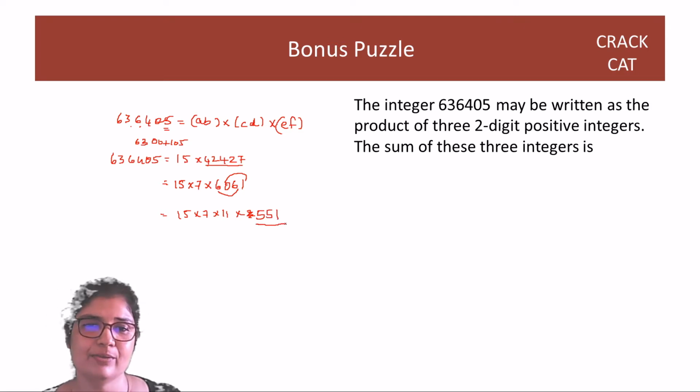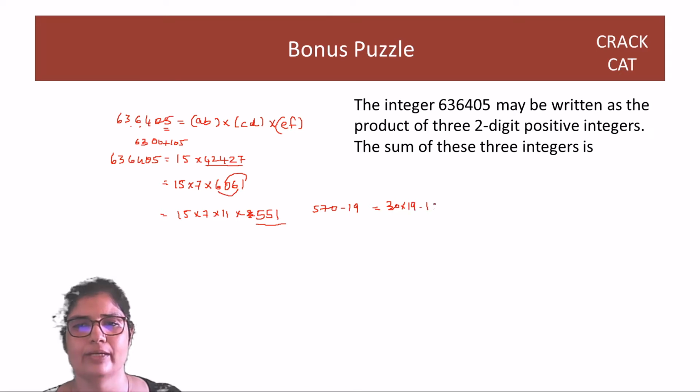Now 551 is 570 minus 19. So it is 30 times 19 minus 1 times 19. So you will get 15 into 7 into 11 into 19 into 29.